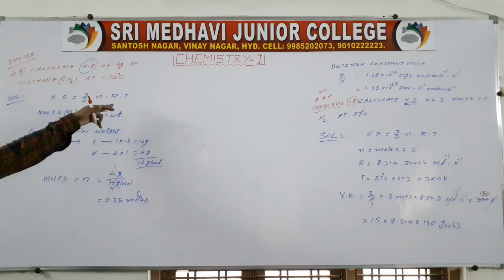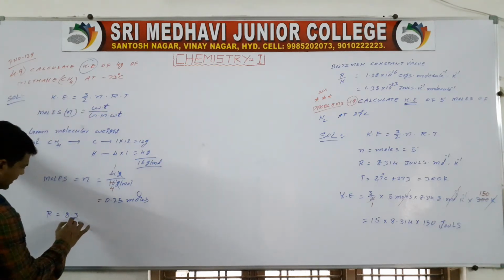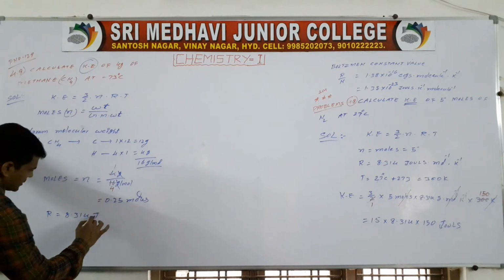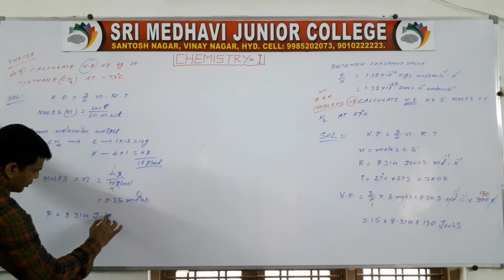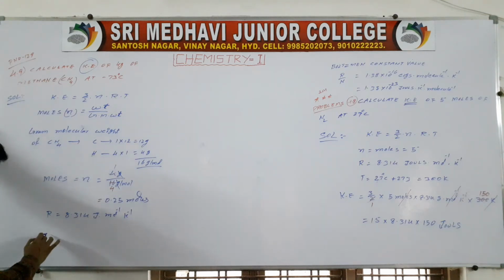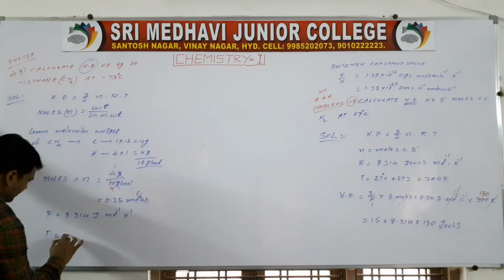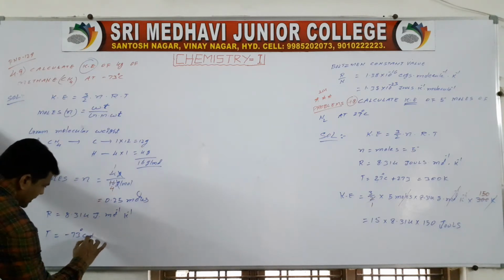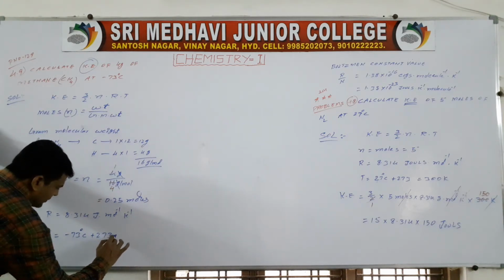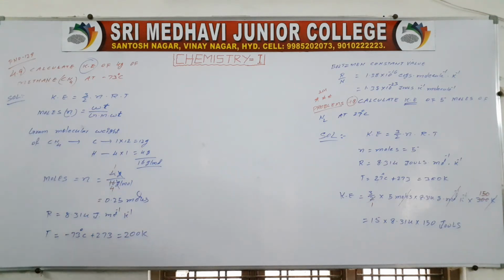Then substitute the R value, 8.314 joules per mole per Kelvin. Then the T value: minus 73 degrees Celsius is given. Minus 73 plus 273 equals 200 Kelvins.